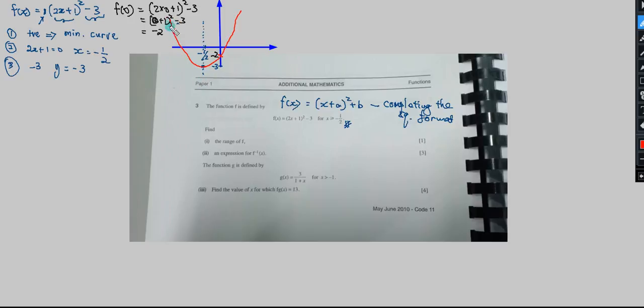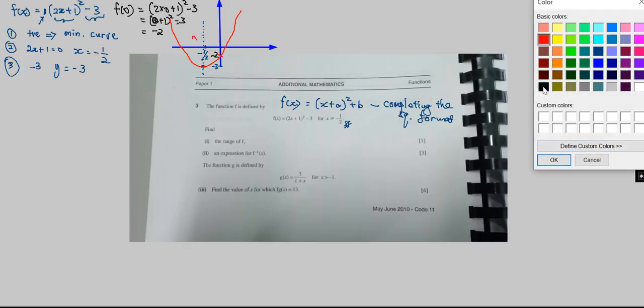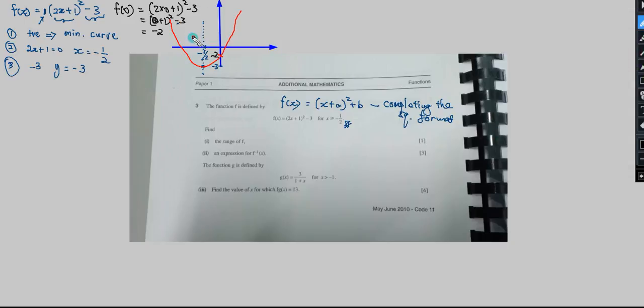So this half here is actually a reflection of this half. If you talk about the axis of symmetry, it is this line. This line is actually x equal to minus half.